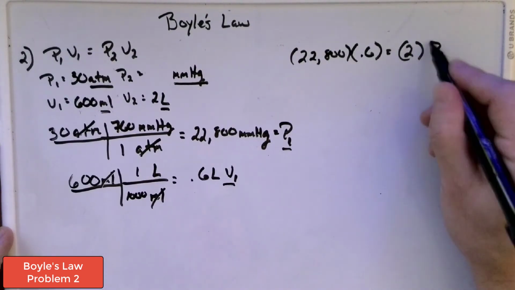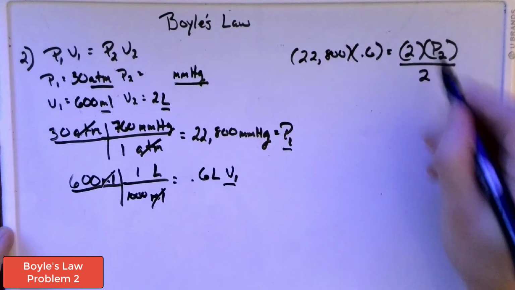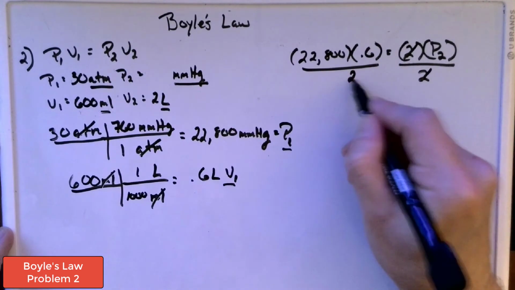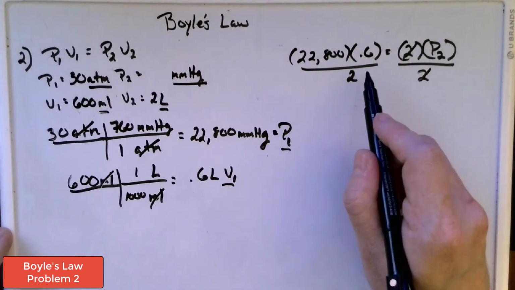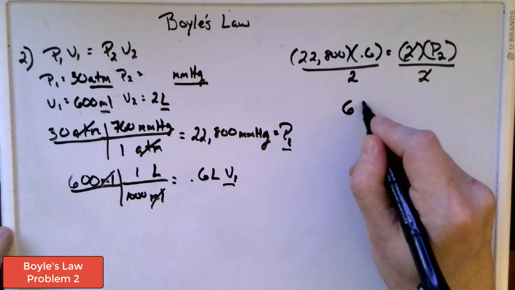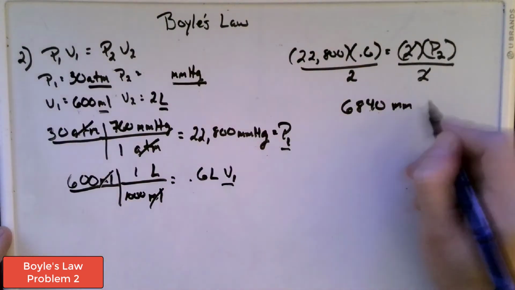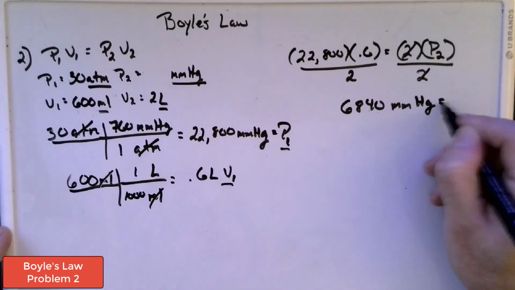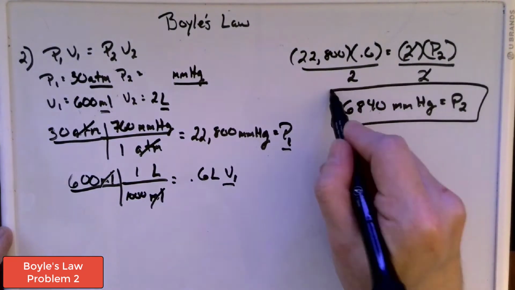We can leave that as a variable. Divide both sides by 2. Resolving the end, 22,800 times 0.6 divided by 2 ends up being a new pressure 2 of 6,840 millimeters of mercury, because we needed it in millimeters of mercury.